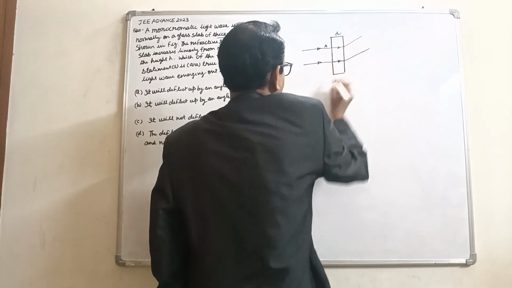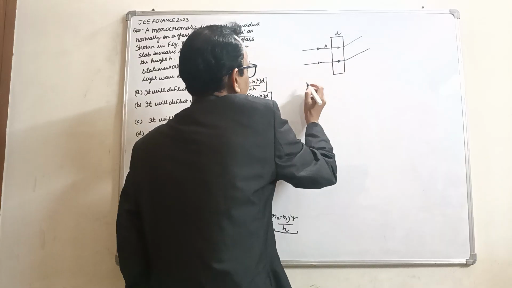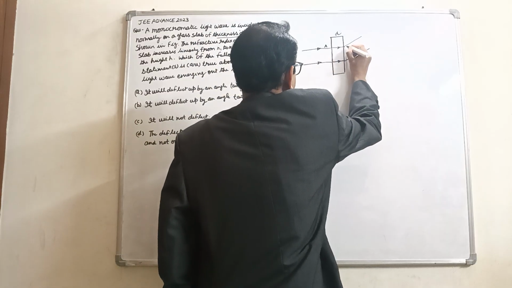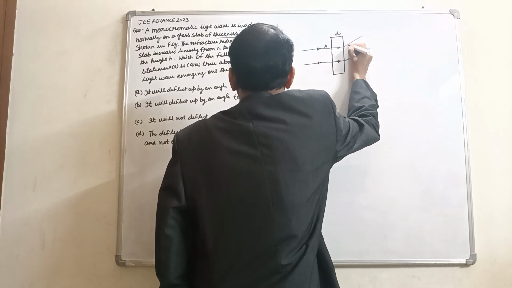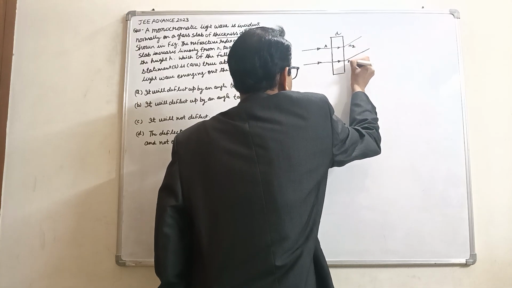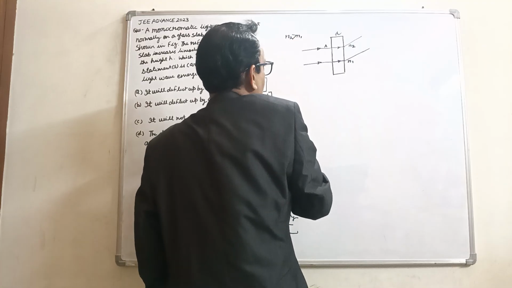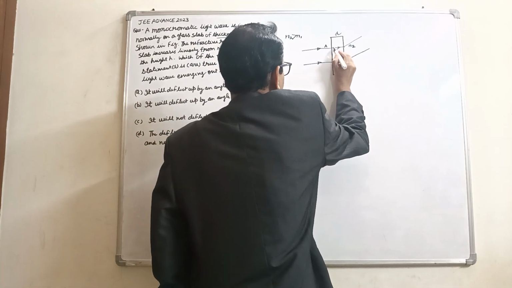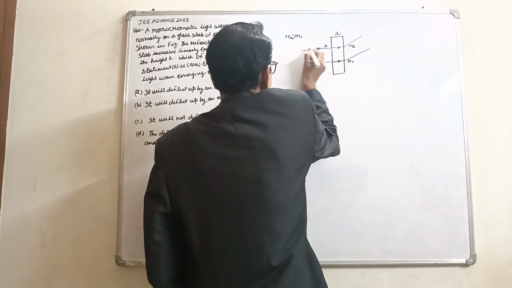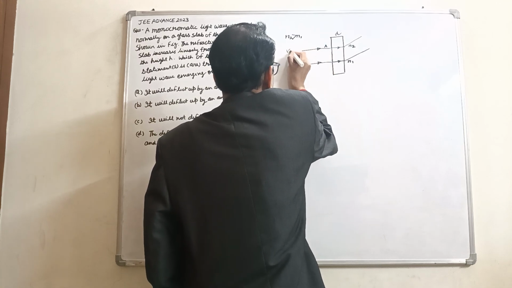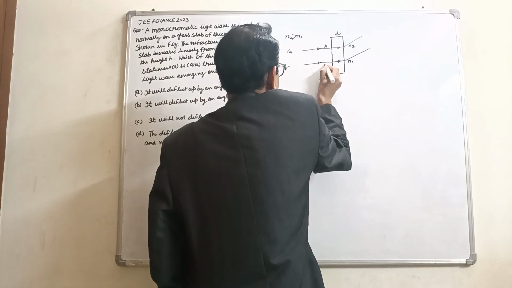In this scenario, we have given the refractive index, this is N2 here and this is N1 here, and N2 is greater than N1. So the velocity of light we consider Va and Vb.